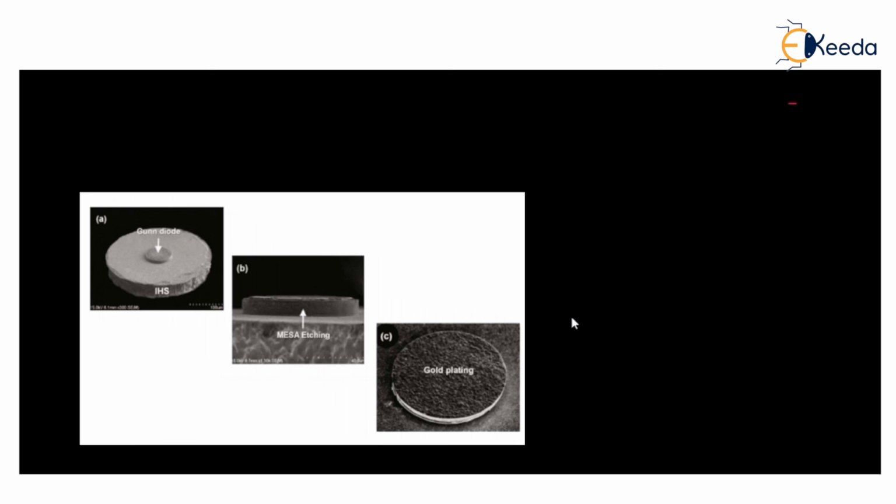From this structure, you can see that this part is the Gunn diode, and this is the cross-sectional view of that Gunn diode. This is the bottom view of the Gunn diode, and this is the top view. You can see there is a layer here.